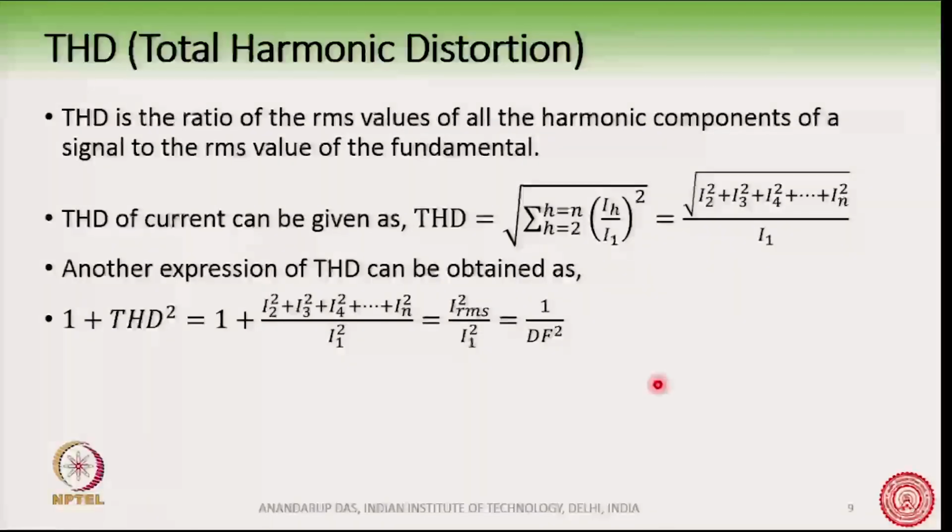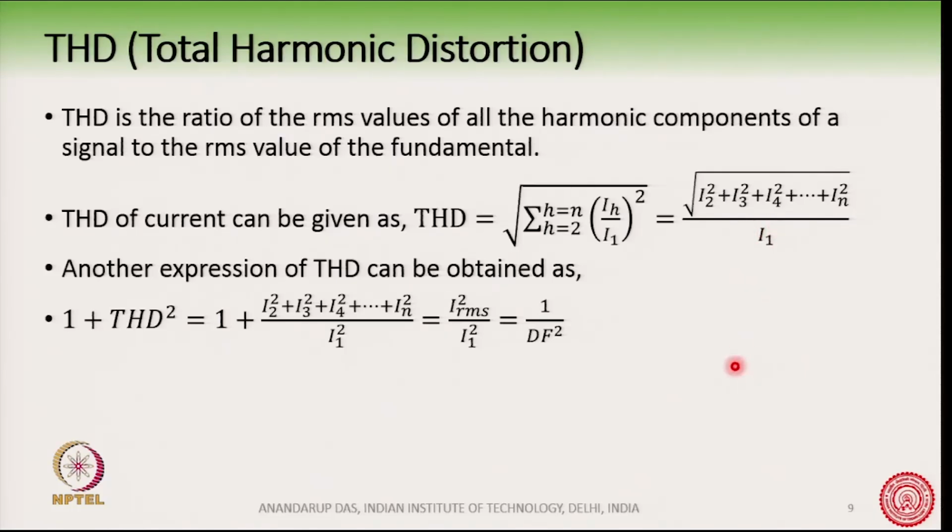Then another definition which is frequently used is total harmonic distortion. What is total harmonic distortion? It is defined like this. Basically it is the contribution of all the harmonics as a percentage of I1, that is, as a percentage of the fundamental. It is the square root of I2 square plus I3 square up to In square, divided by I1.